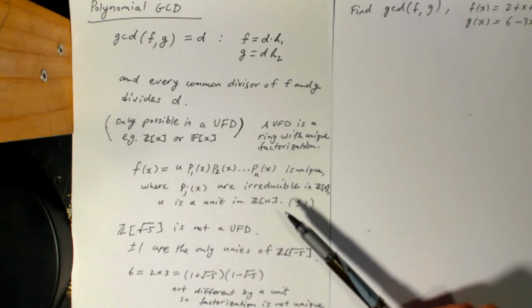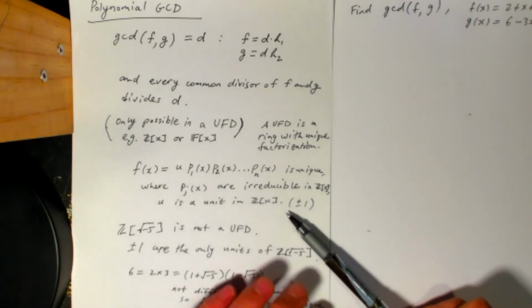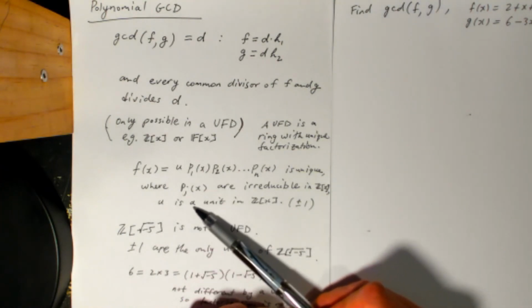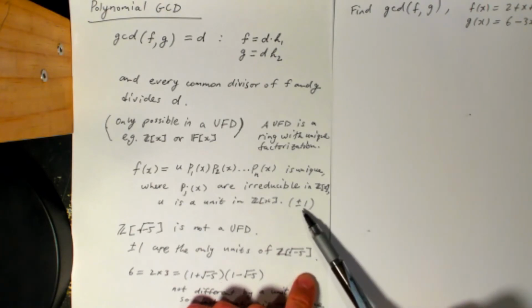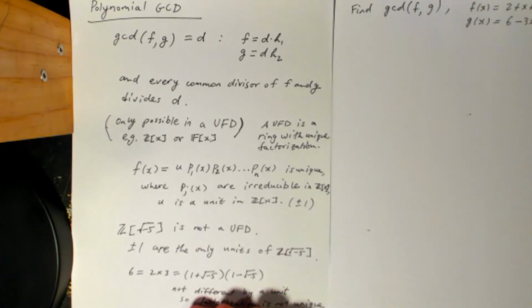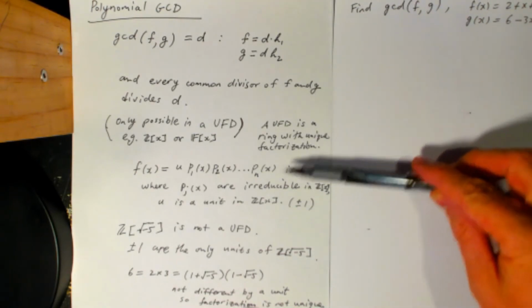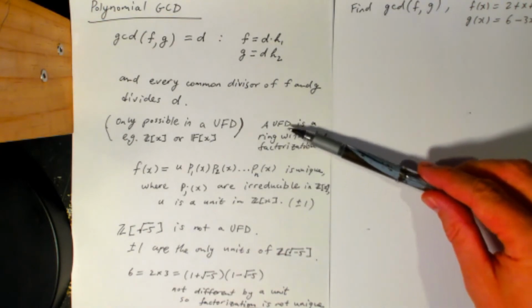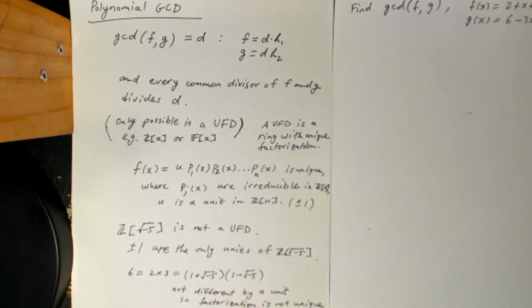Now remember, we talked about units in our previous lecture being invertible elements. So a unit in Z[x]: the only units in Z[x] are plus or minus 1. Okay, so this is unique, meaning that we have a unique factorization domain.